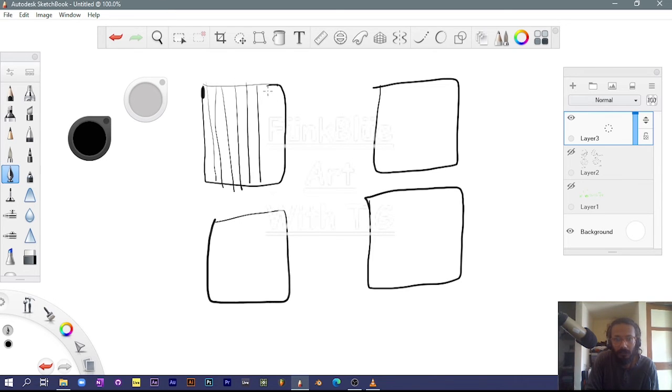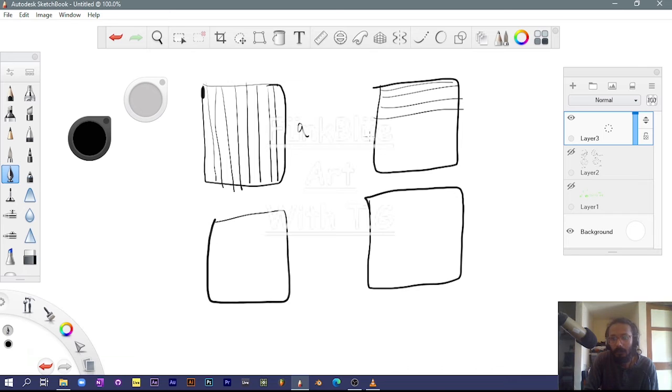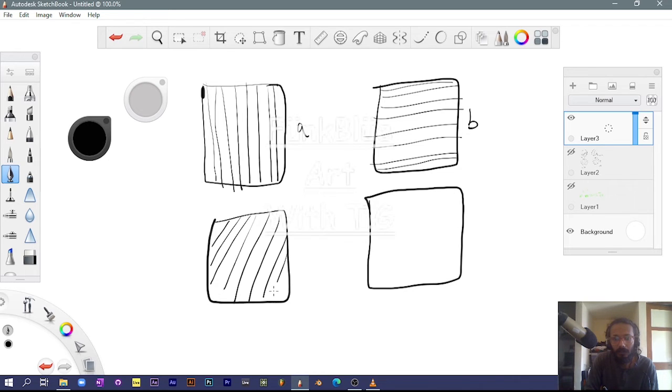Vertical lines on A, and then horizontal on B. Diagonal lines on C, and then on D we have curved lines.